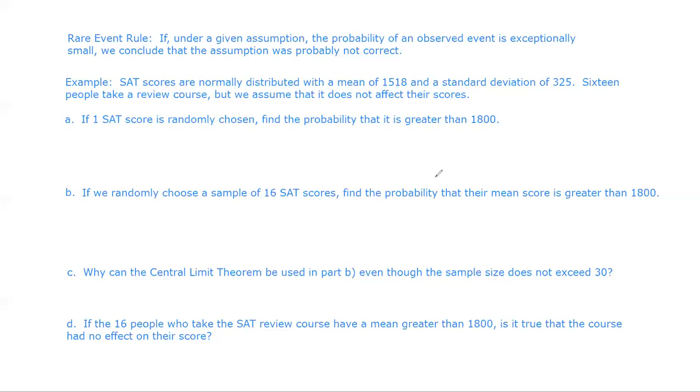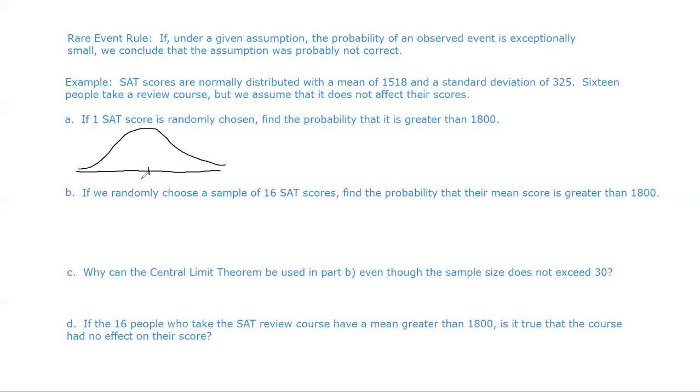So we're going to start by looking at part A that says, if one score is randomly selected, find the probability that it is greater than 1800. So draw your little picture. Here's your bell curve.